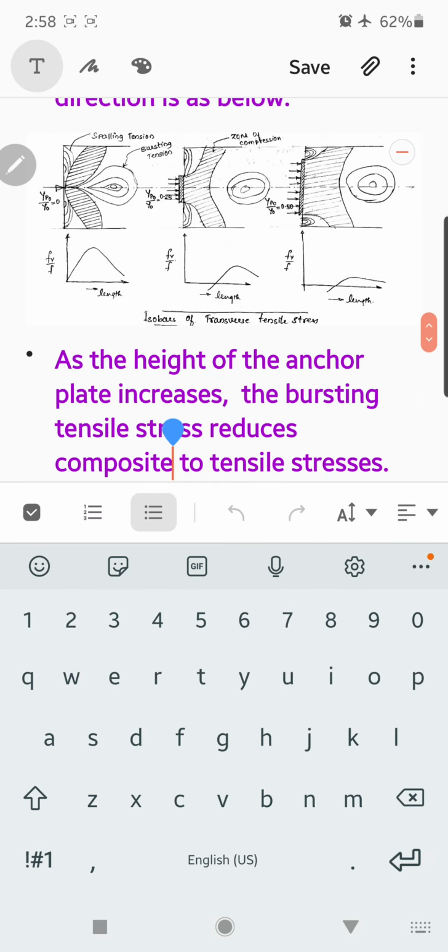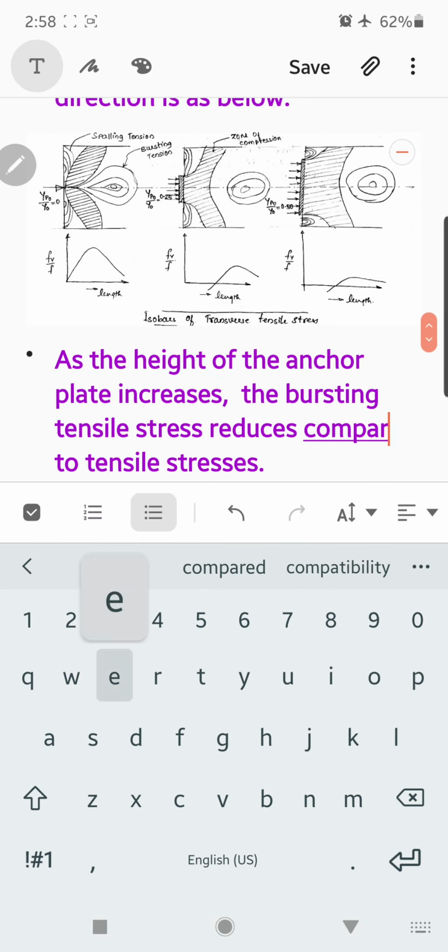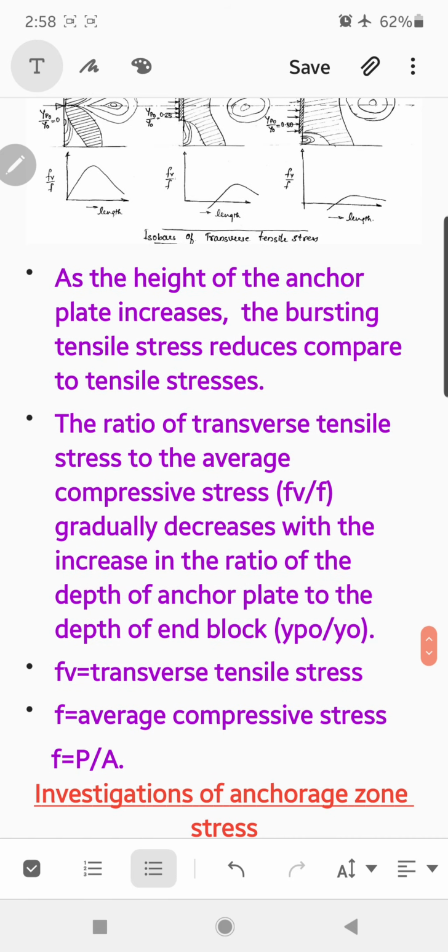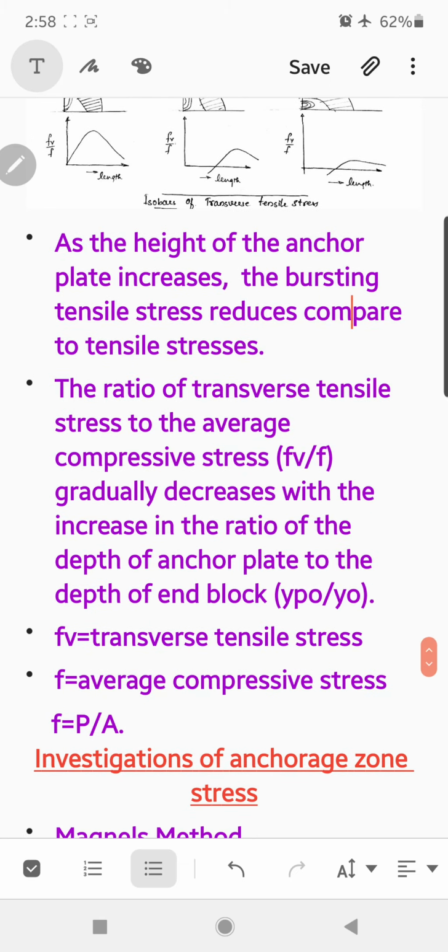The ratio of the average transverse tensile stress Fv to the average compressive stress F decreases as the ratio of depth of anchor plate to the depth of the end block, yp0 by y0, increases. Yp0 is half the depth of the anchor plate, so the depth of the anchor plate is 2 yp0 and the depth of the section is 2 y0, so the ratio is yp0 by y0.